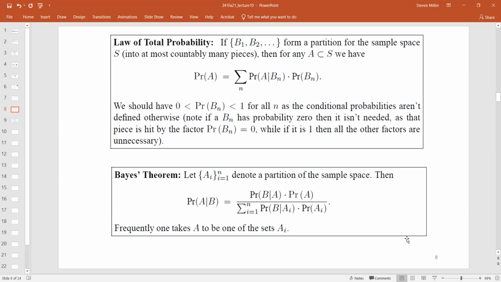And if the probability of Bn is 0, I'm multiplying it by 0. So if you're willing to accept that it doesn't really matter what the probability of A given Bn is if Bn doesn't happen, because it's got to be something between 0 and 1, and I multiply it by 0, I can include that in my space. So for instance, I could include in my partition the event that Bird wins on his negative third shot.